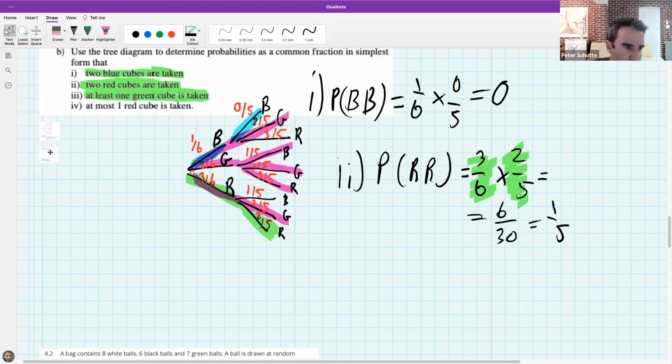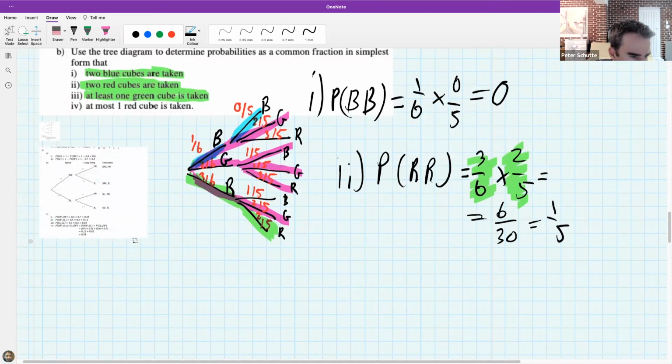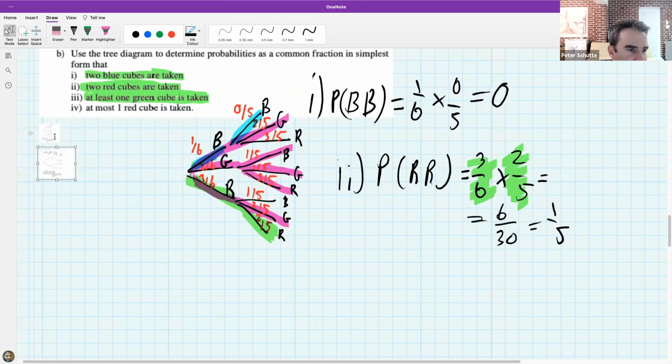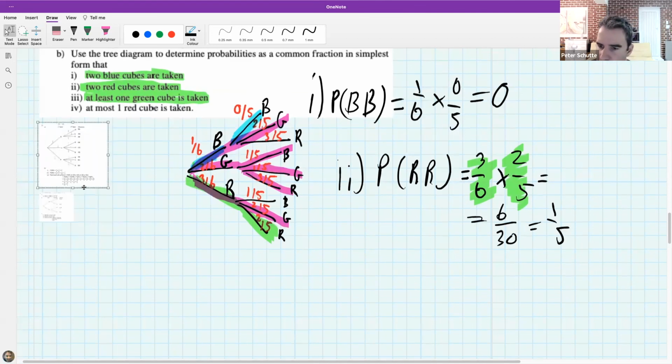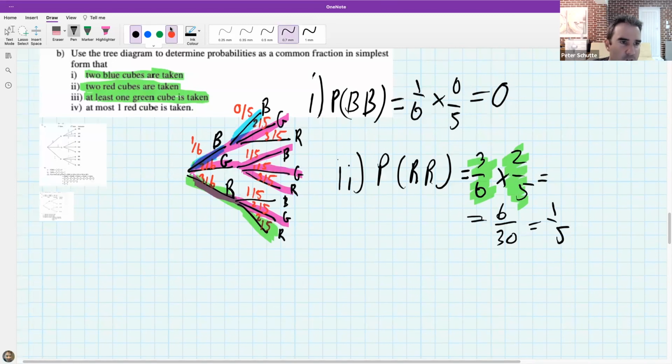Well, let me pull up the answers for this one just to make sure it is 5. Right, that's 3. Yeah, so if you look at the answers, there should be 5 branches. It's going to be this one, that one, that one, that one, and that one.